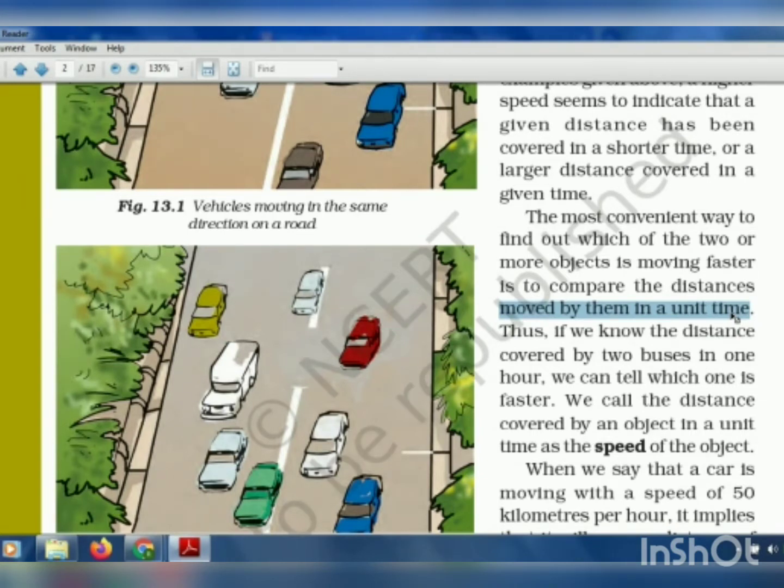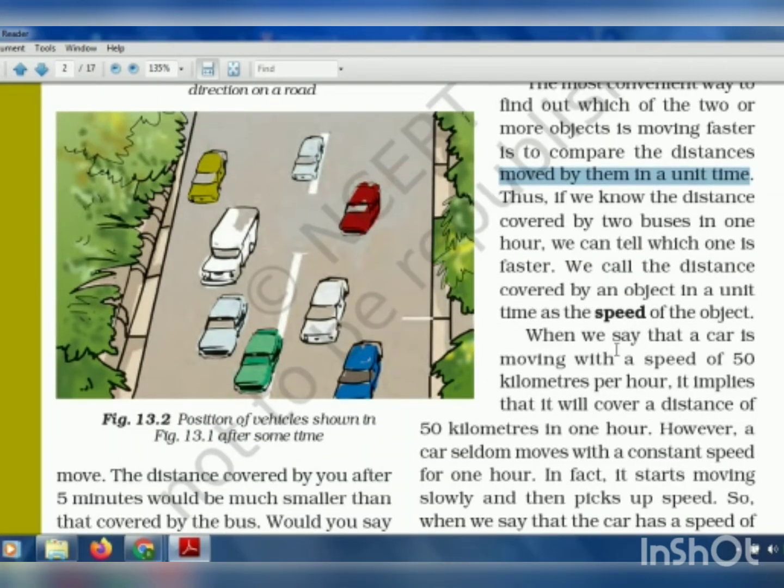The bus which covers the maximum distance is considered to be faster. Okay, so how can we say what speed is? Define speed: the distance covered by an object in a unit time is called the speed of that object. So what is speed? It is the distance covered by an object in a unit time.